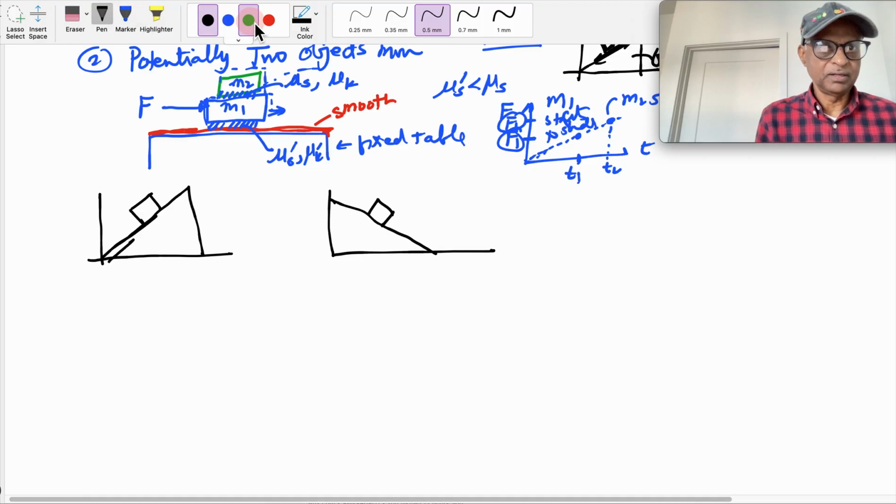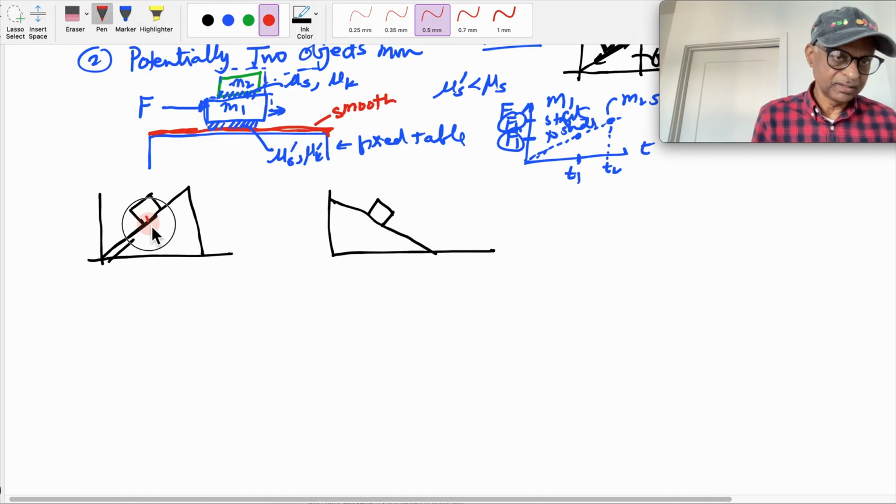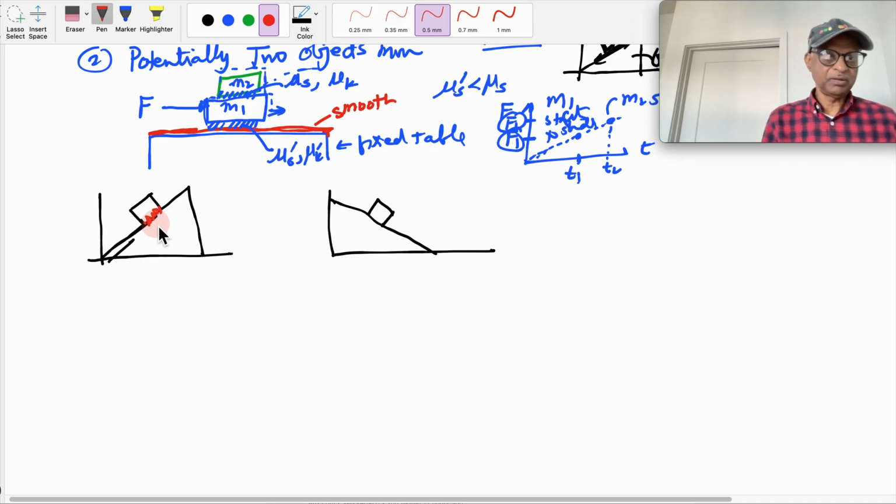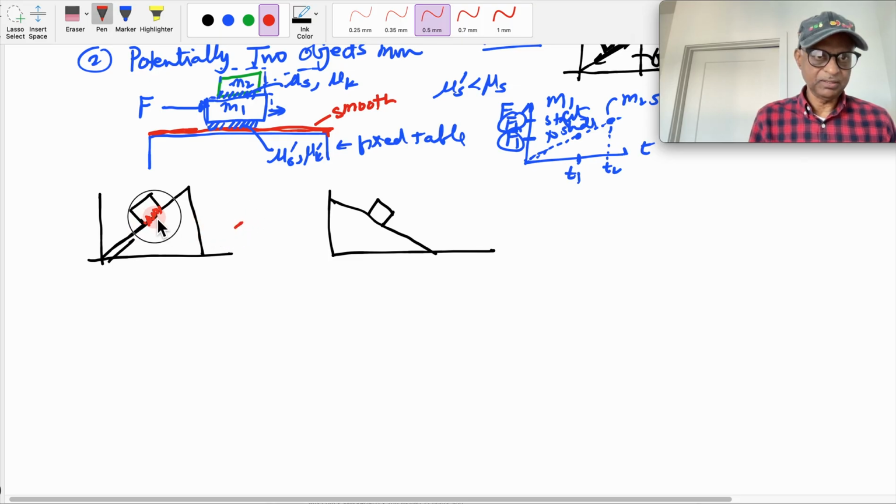This is the surface of contact, and in that surface there will be a contact force. We don't know which way the force is pointed, so in the surface of contact you can have a force along it, or you can break it up into two different forces, either this way or this way.